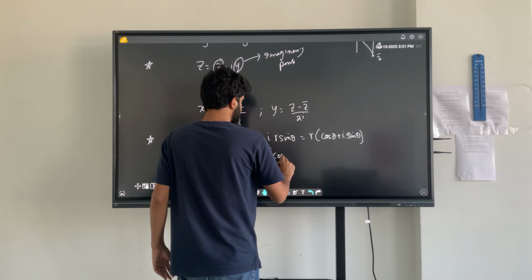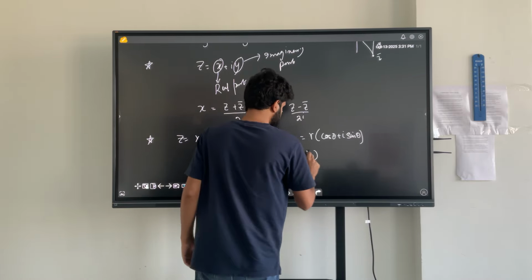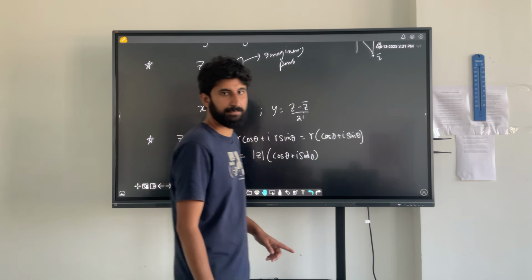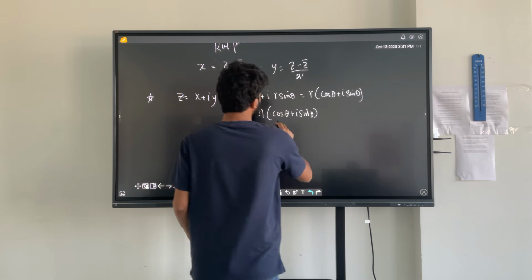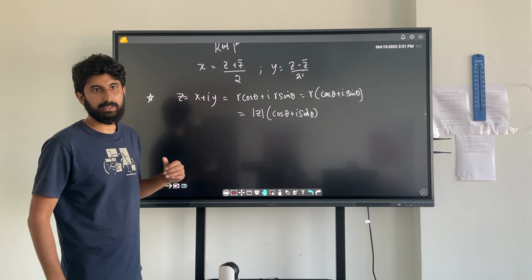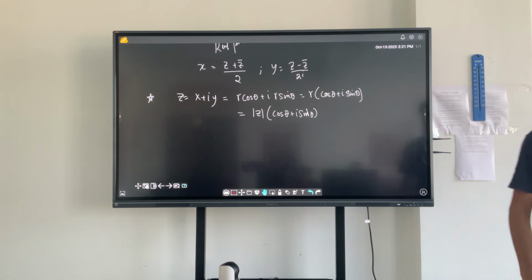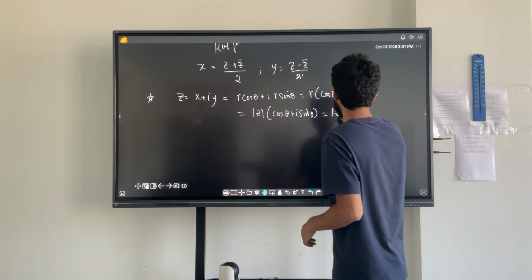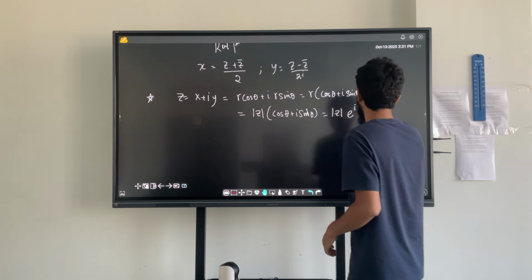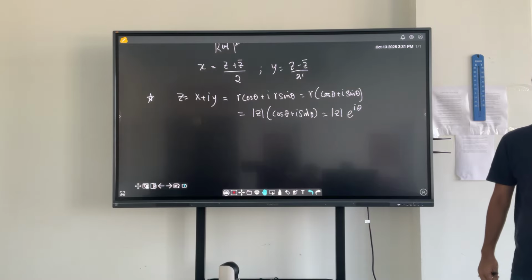I get cos theta plus i sin theta. Now, this object, cos theta plus i sin theta, you can represent as an exponential of something. So we know that this is mod z times e power i theta. How do I show cos theta plus i sin theta is e power i theta?